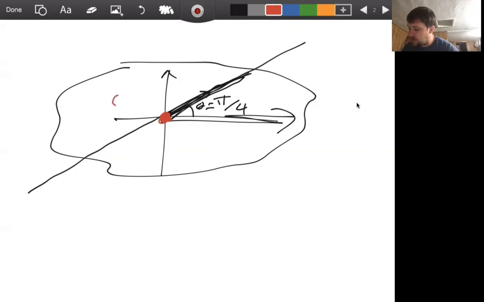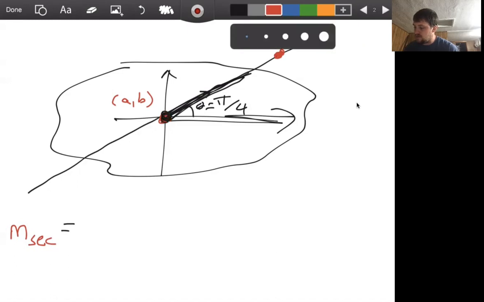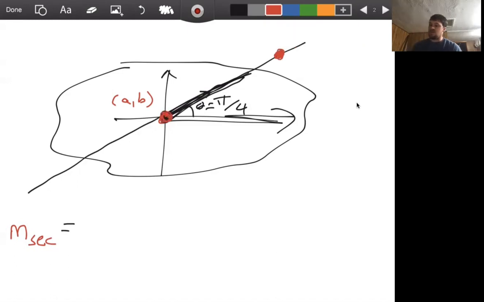So let's say this is the point a, b, right? And then you move a small distance, and we'll first get a slope of the secant line between a point that we're starting at, and then we're going to march a small distance here. So on the picture, it looks like it's far away, but imagine we're just really zoomed in so that these points are pretty close together.